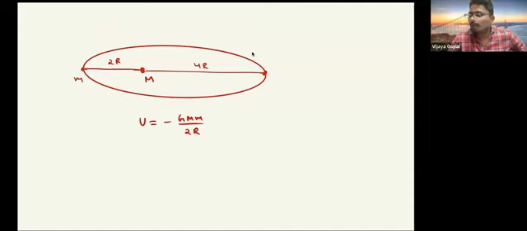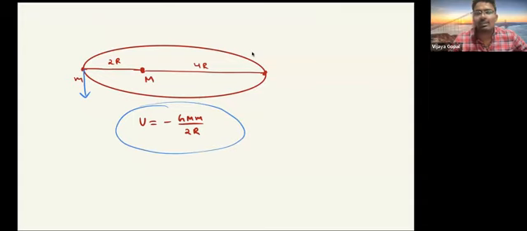For the angular momentum, I need to find the velocity at this instant. If this is the potential energy, what will be the kinetic energy? This is very, very important, also in modern physics: the relation between kinetic energy, potential energy, and total energy.